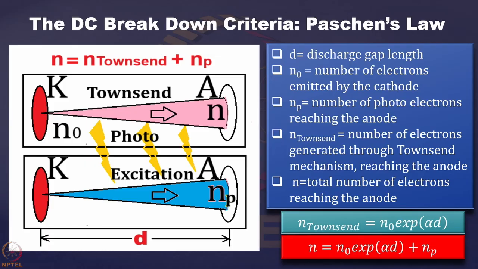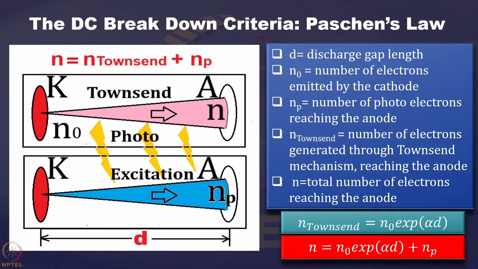You must have heard about the Paschen law. It gives you a relation about what the breakdown voltage should be for a gas at a certain pressure under a given discharge configuration.